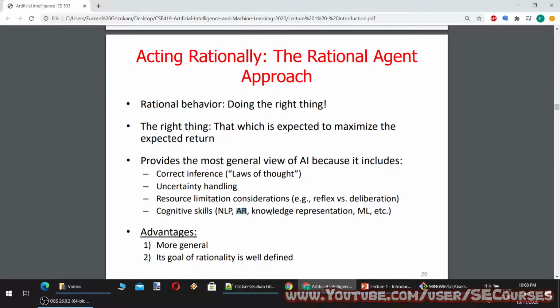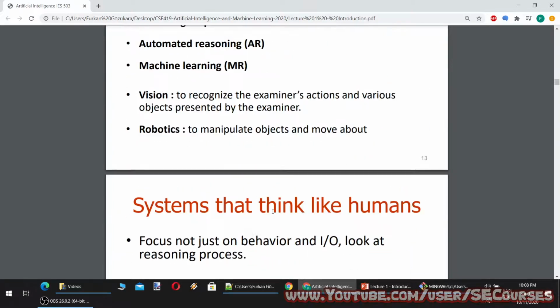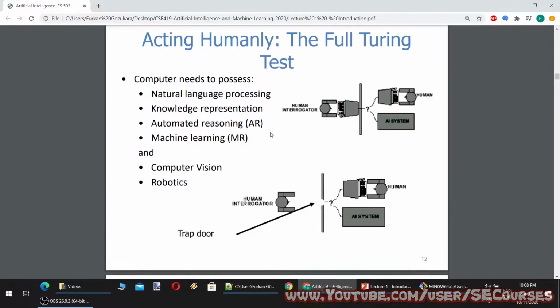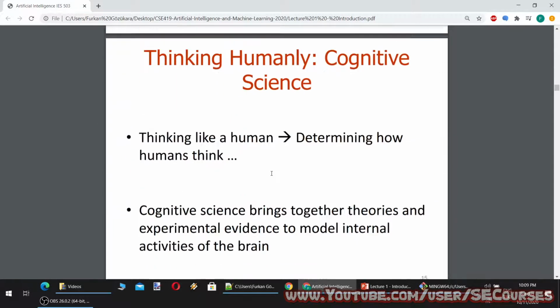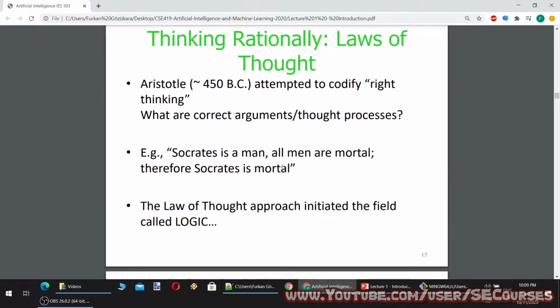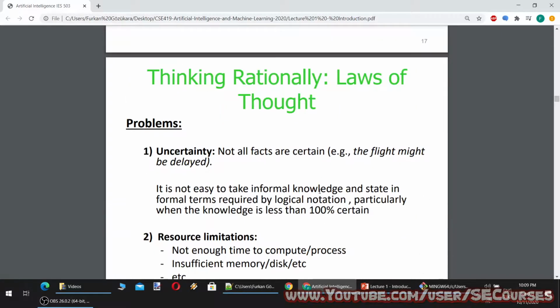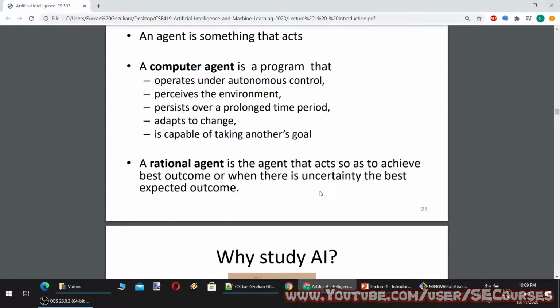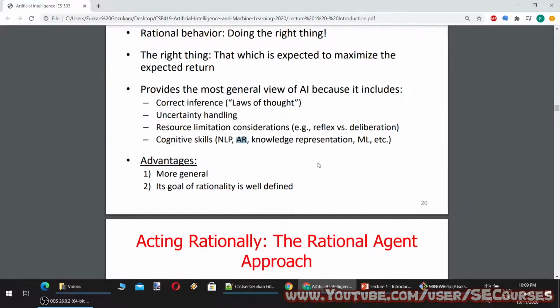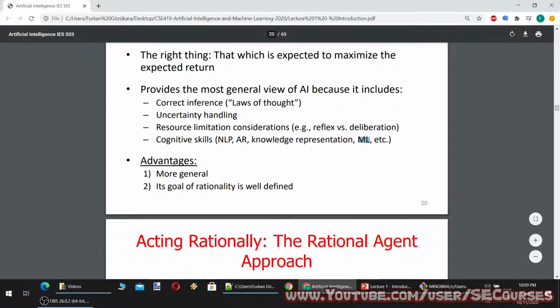R is automated reasoning, and knowledge representation and machine learning and such things.